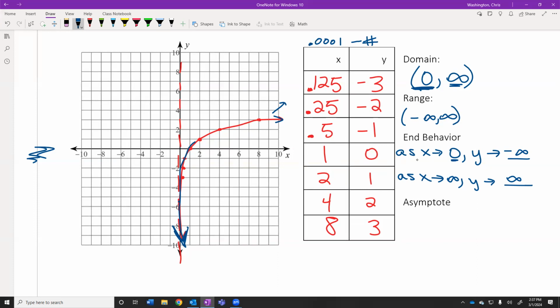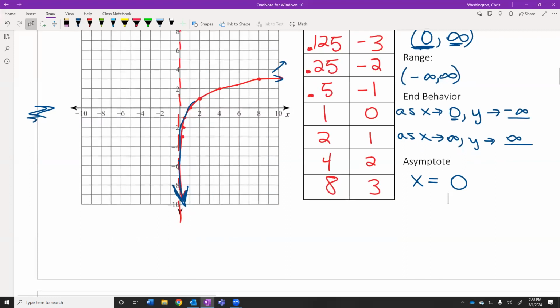The asymptote in this case, if it was leveling off, we would have another asymptote there, and then we would put the number for whatever that asymptote is. Our asymptote is going to be x equals 0. Why x equals and not y equals? Well, you need to know the difference between a vertical line and a horizontal line.